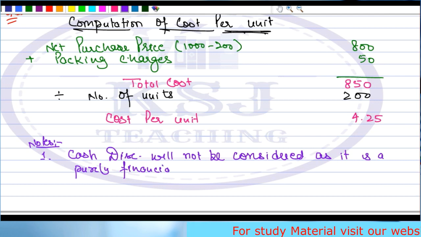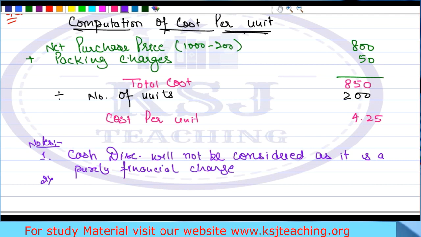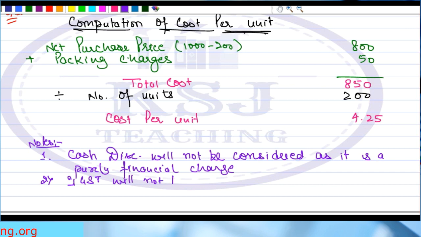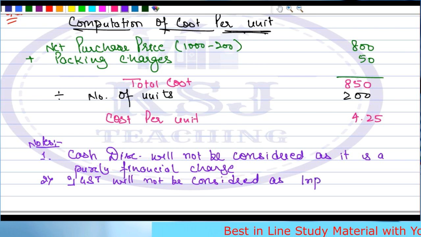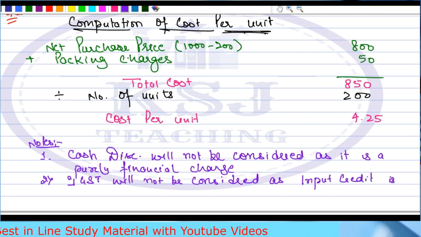It is a purely financial charge, right? Second point you have to write: IGST will not be considered as input tax credit is available. Clear?